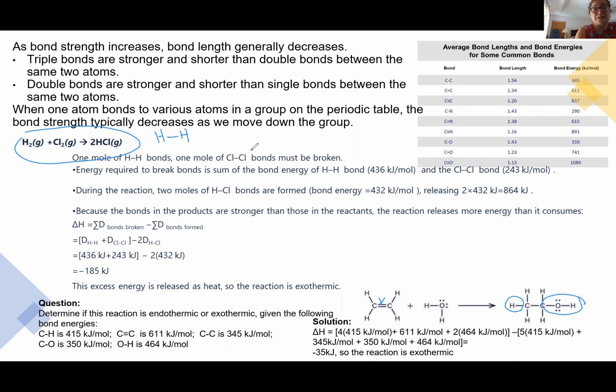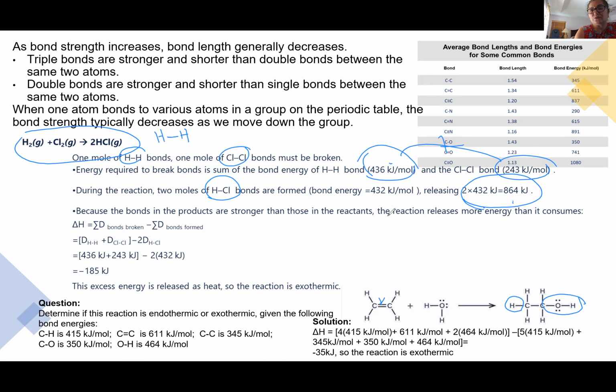And the Cl-Cl is broken as well. But you're getting 2 HCl bonds forming. So if 2 HCl bonds are forming, this amount of energy would be released. And then you add these two values together. That's the amount of energy being consumed. So product and reactant.